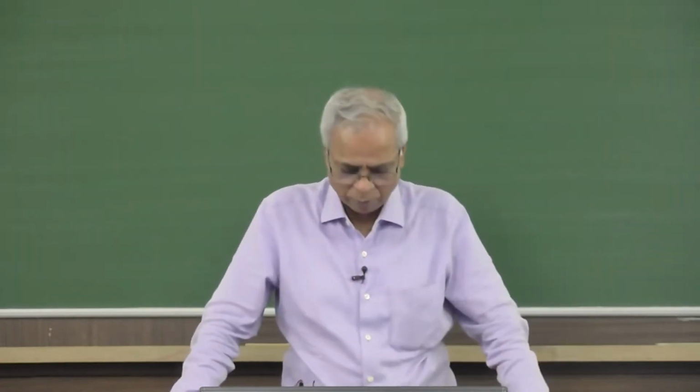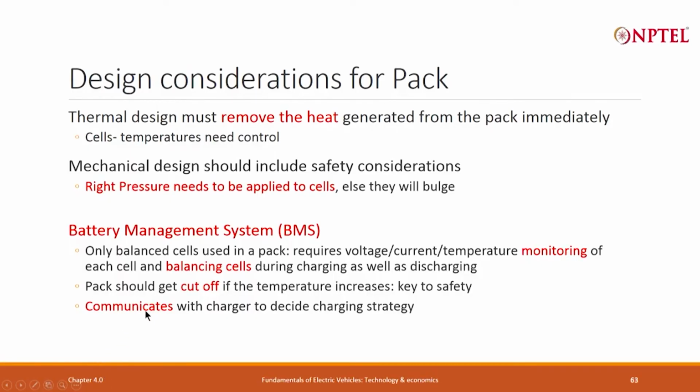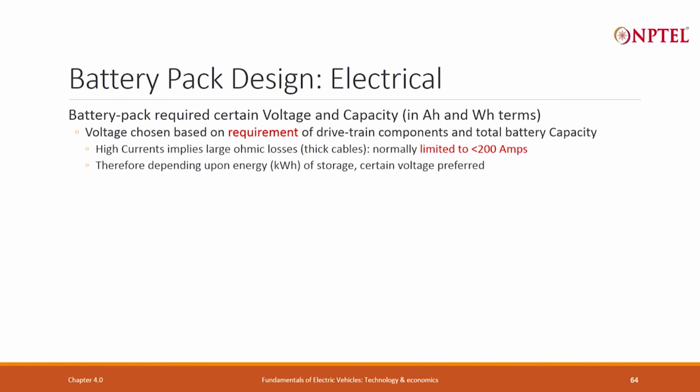In an aircraft, you will have a more serious problem. So, the pack should get cut off if the temperature increases, key to safety. During charging time, the cells and the pack will continuously communicate with the charger and decide how the charging should be done, how much current should be put, do not put extra current, how much voltage should be used. Remember constant current, constant voltage that I talked about.